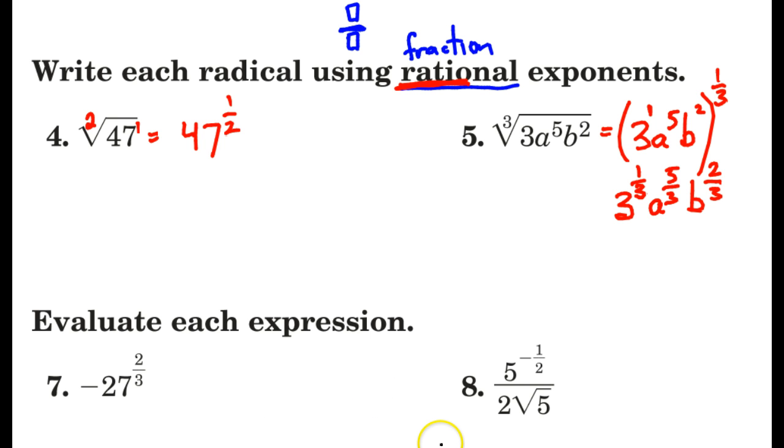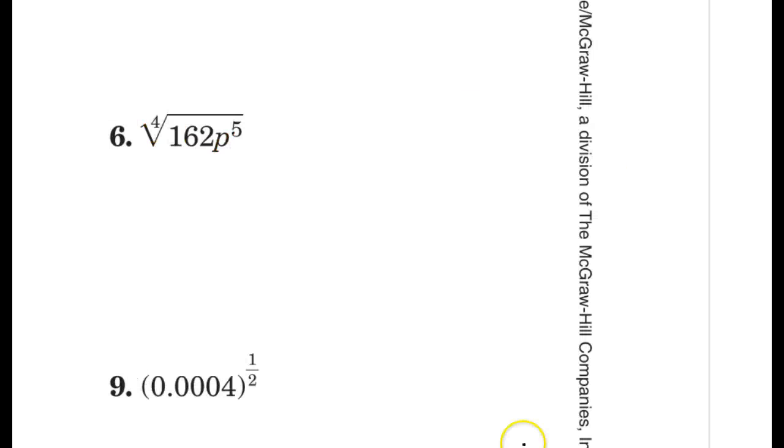A two-step process. Okay, try number 6 on your own, see how it goes. Alright, check it out.